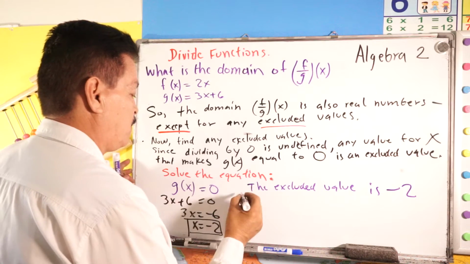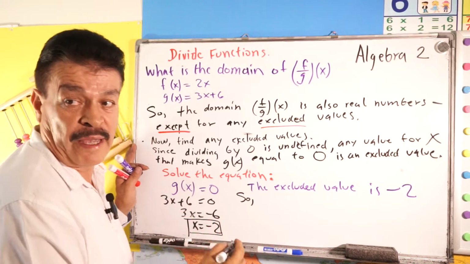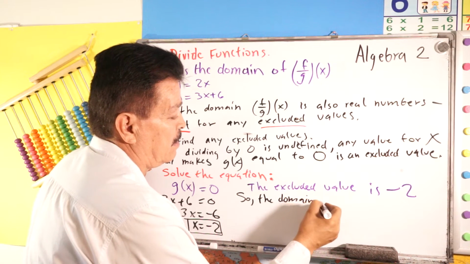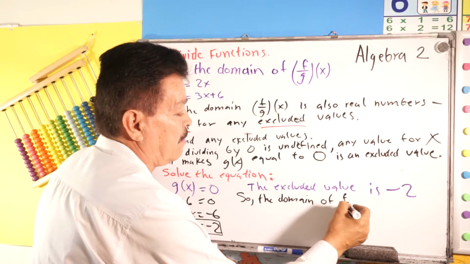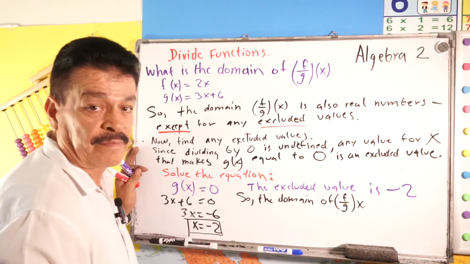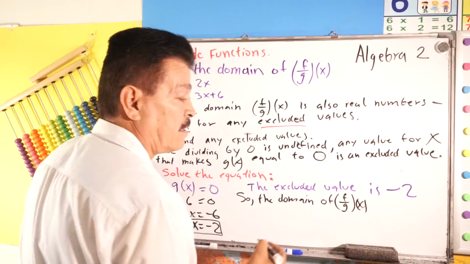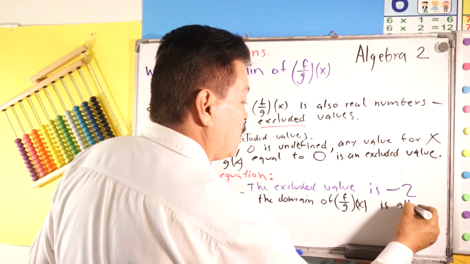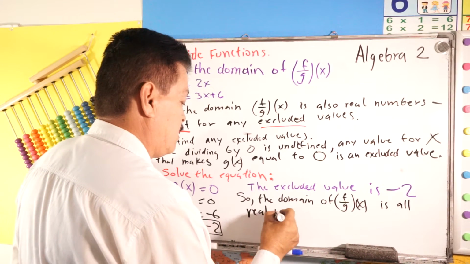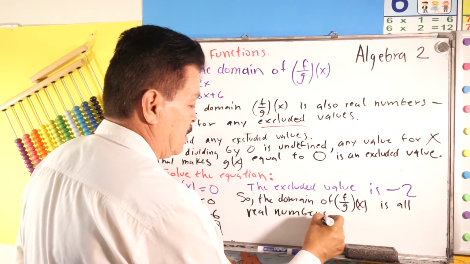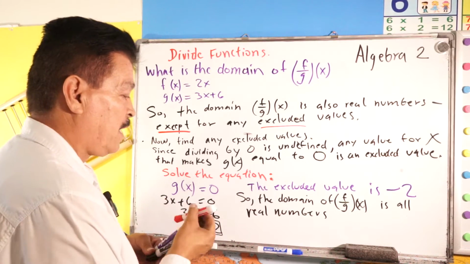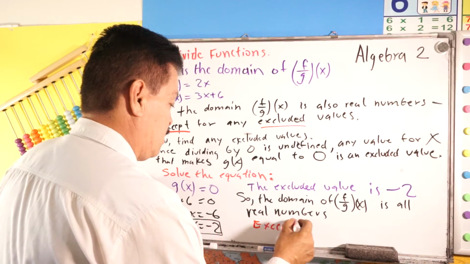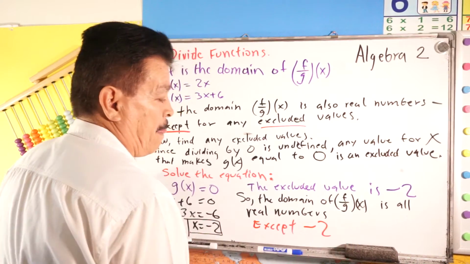Then the domain of f divided by g of x is all real numbers except negative 2.